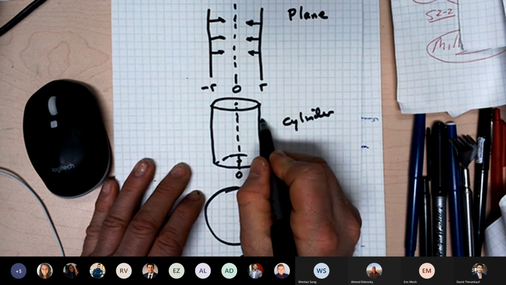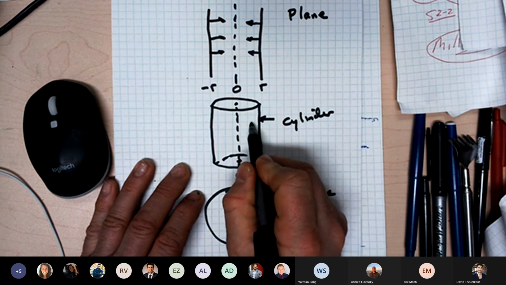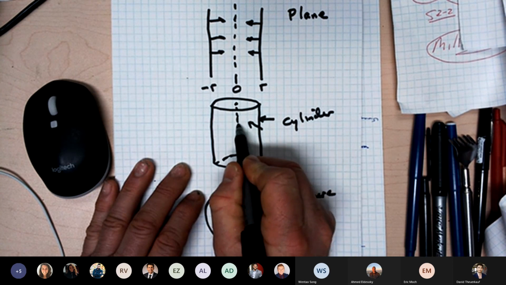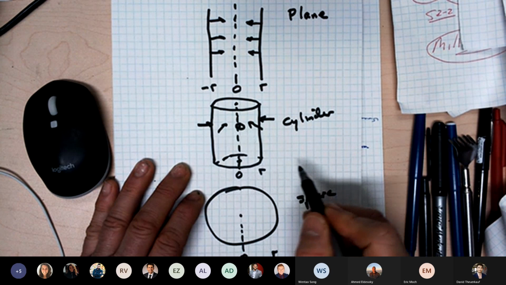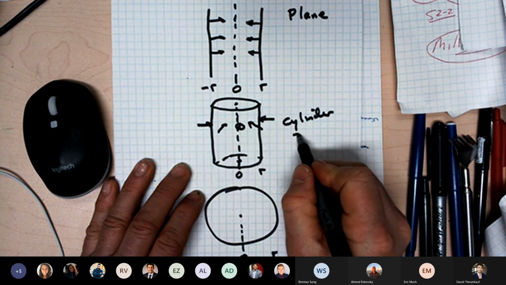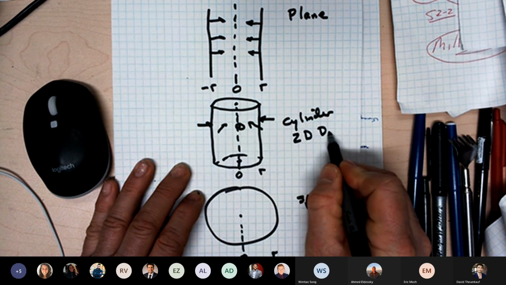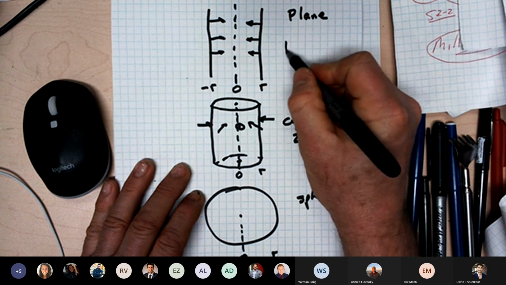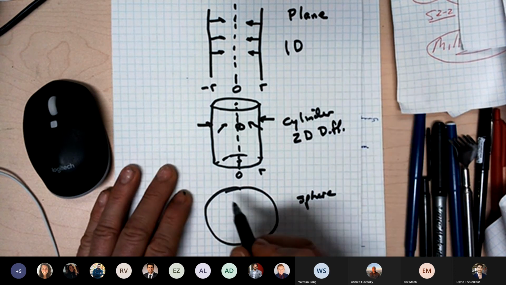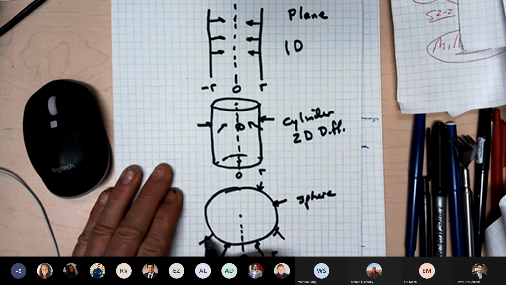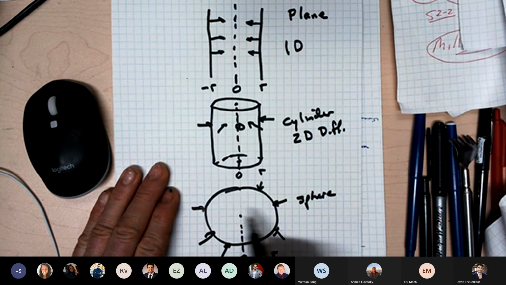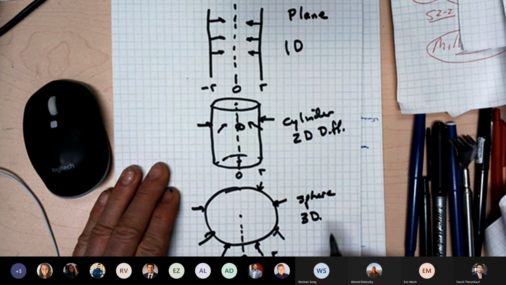For a cylinder, though, they come in perpendicular to the surface everywhere. So this is two-dimensional diffusion. And this is one-dimensional. And the sphere, of course, the lithium ions come in perpendicular to the surface everywhere. I don't know how to draw it nicely. But the sphere is three-dimensional diffusion, okay?